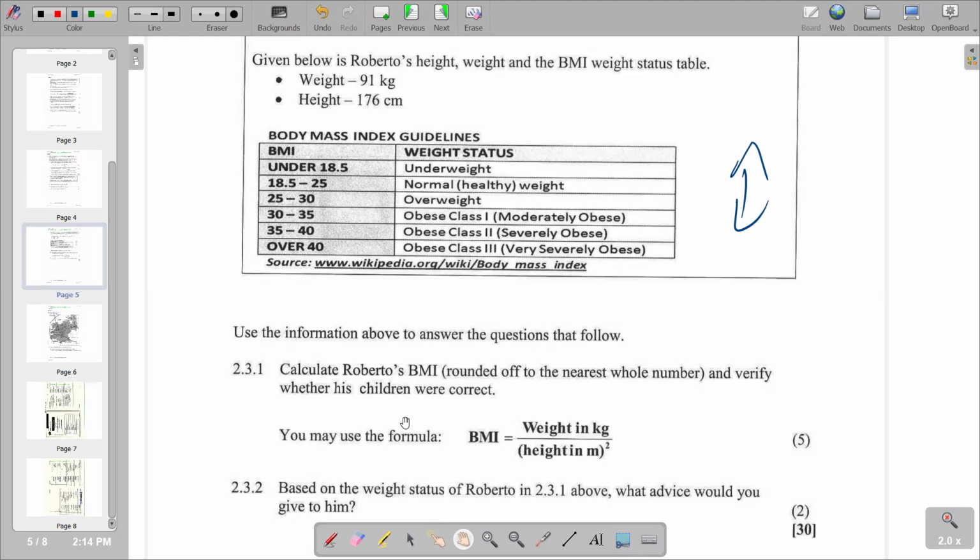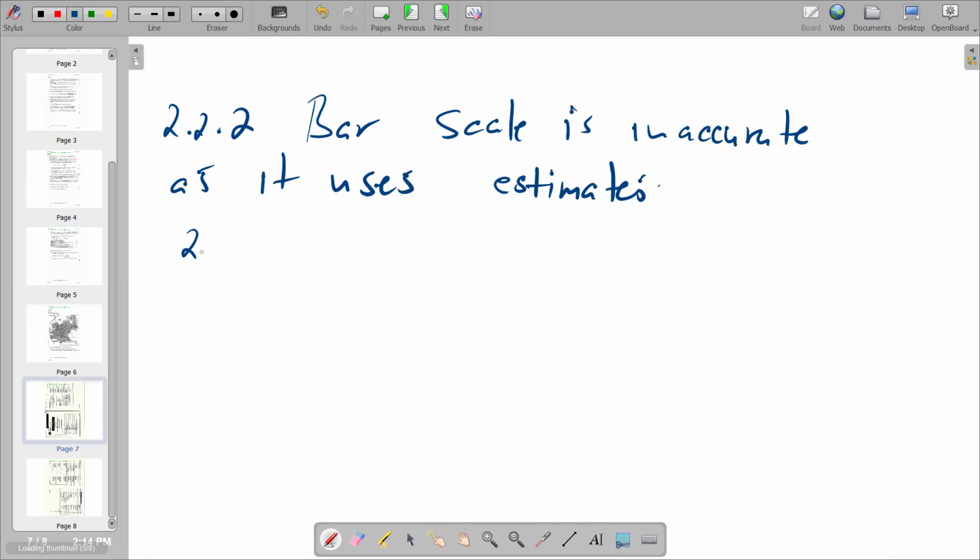The 176 centimeters has to be converted to meters, whereby we divide by 100 to become 1.76 meters. So for 2.3.1, 176 centimeters divided by 100 gives 1.76 meters.